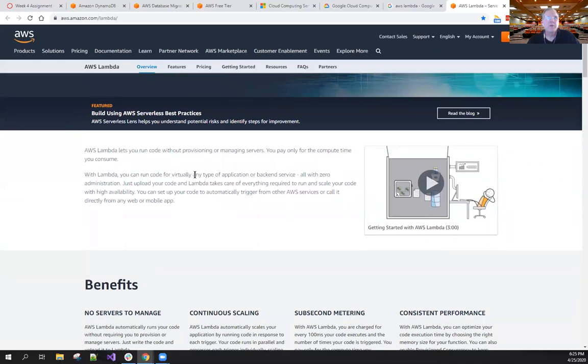So you can run code for virtually any type of application or backend service, all with zero administration. Very appealing. Just upload your code and Lambda takes care of everything required to run and scale your code with high availability. That's nice. Scaling is a nightmare. To set up in Amazon, you have to set up EC2 and then you have to set up scaling.